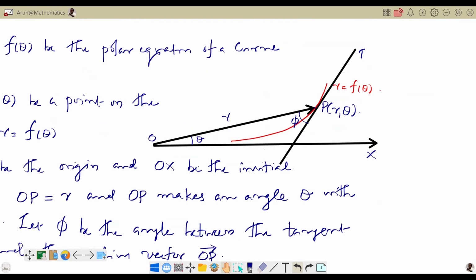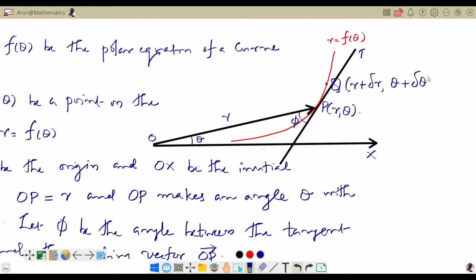You consider a point here, so that suppose this is the curve, and this point is Q, Q(r plus delta r, theta plus delta theta).